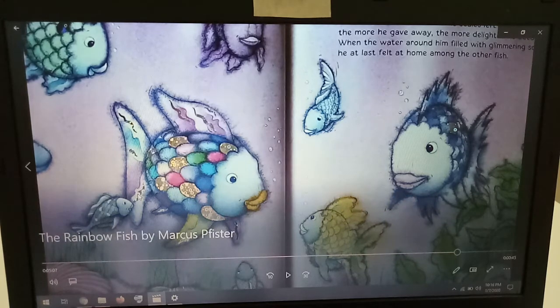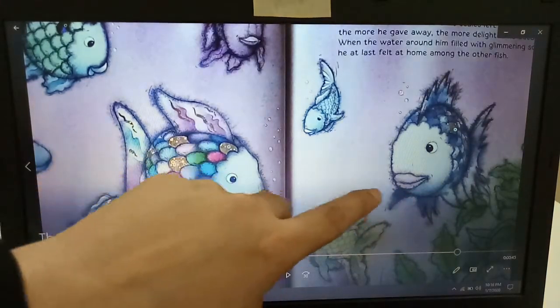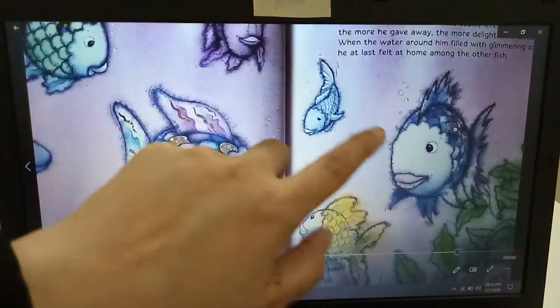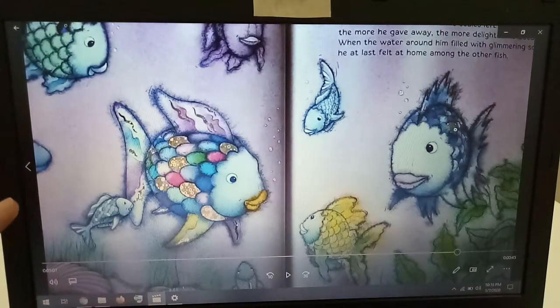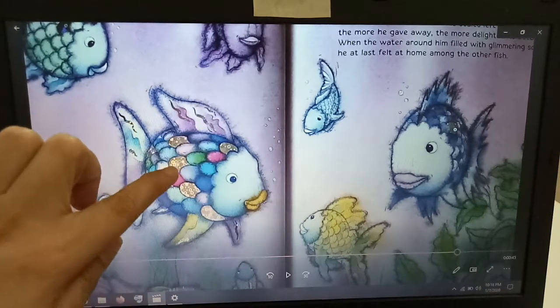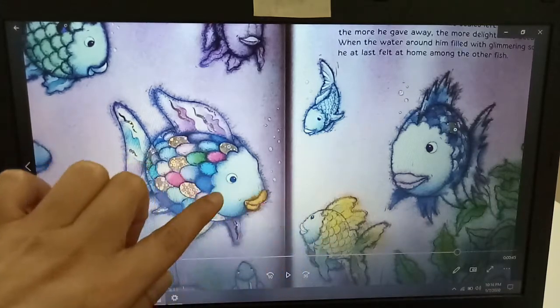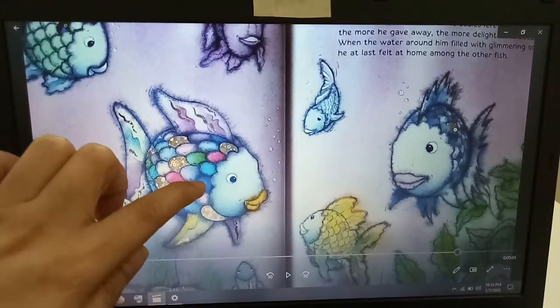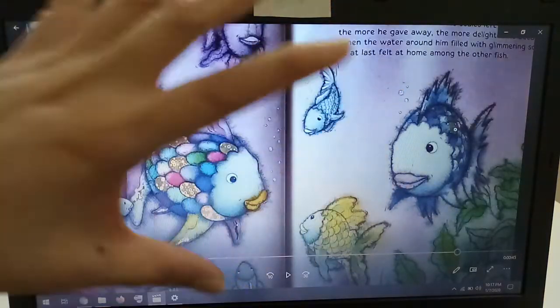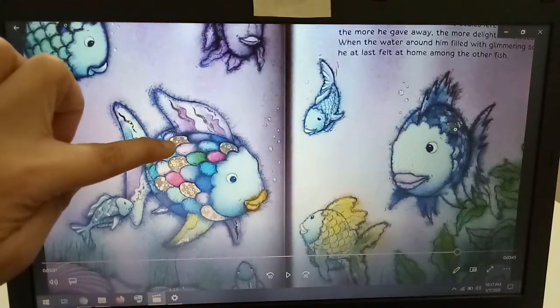So what happened here? See, the blue fish has one shiny scale, and then the other fish go to him and ask, can you please share one also? Can you please give me one also? So when he shared his glittery shiny scales, he felt so happy. Once he shared, and then shared another, all the fishes had one glittery scale.